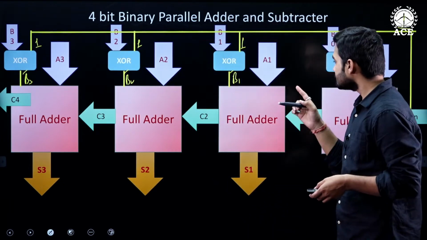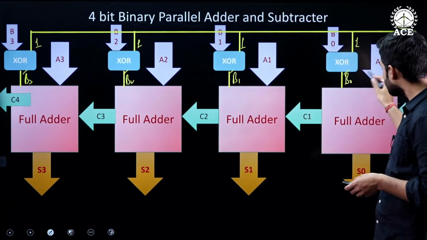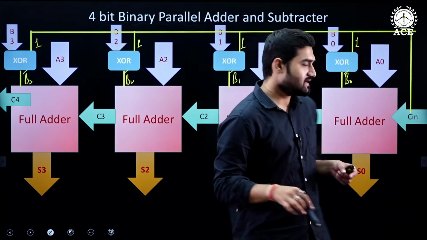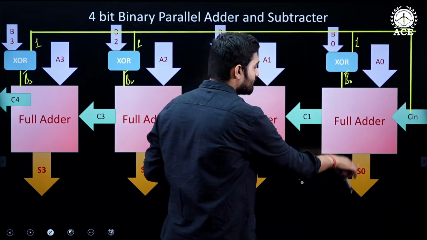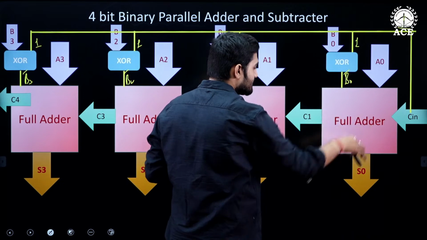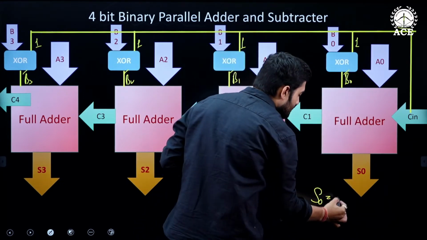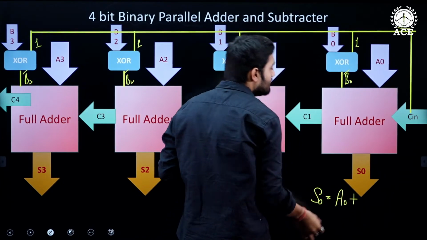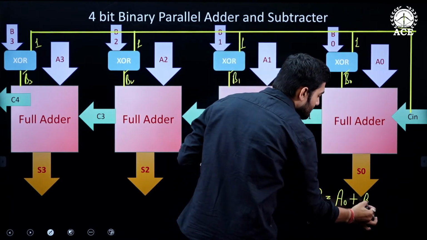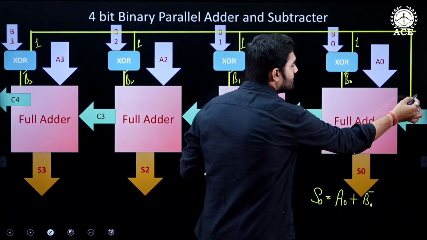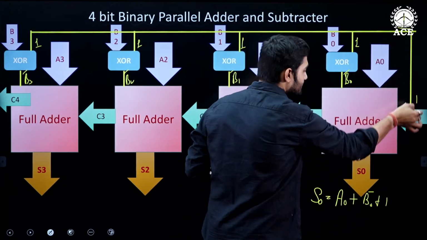Okay, fine. Now tell me this part. If I write, what is my S0 equation? S0 is taking A0 and B0 complement, and here also 1, because I am providing 1.